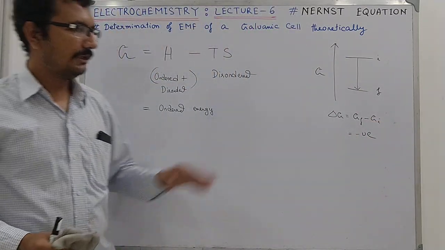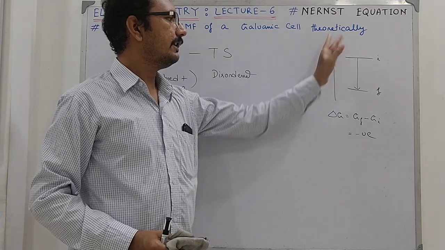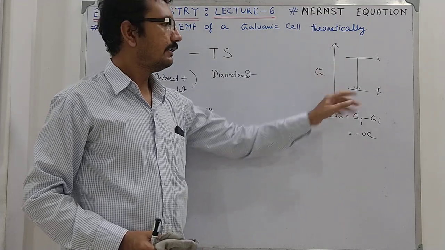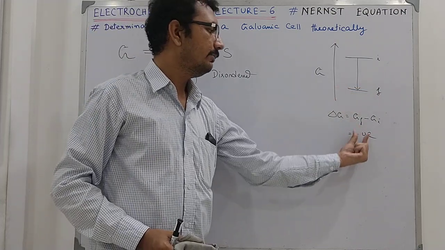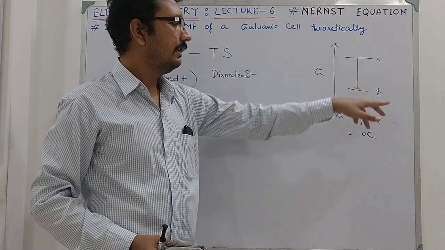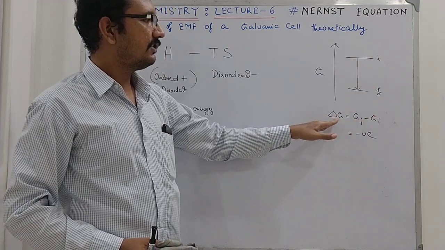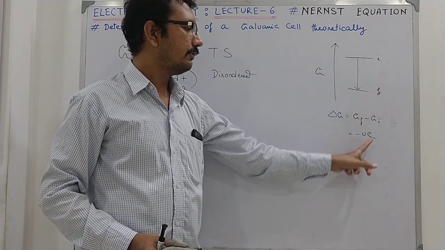Now why negative? It is very simple. You see this axis, in this direction G is increasing, and the final state has a lower G, so the change will give you a negative value. The final has a lower value, initial has a higher value, and to get the change you have to subtract the initial from the final, so it will give you negative.